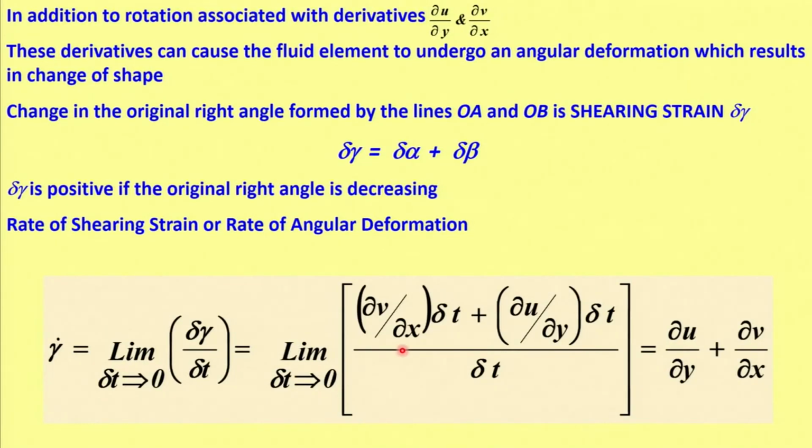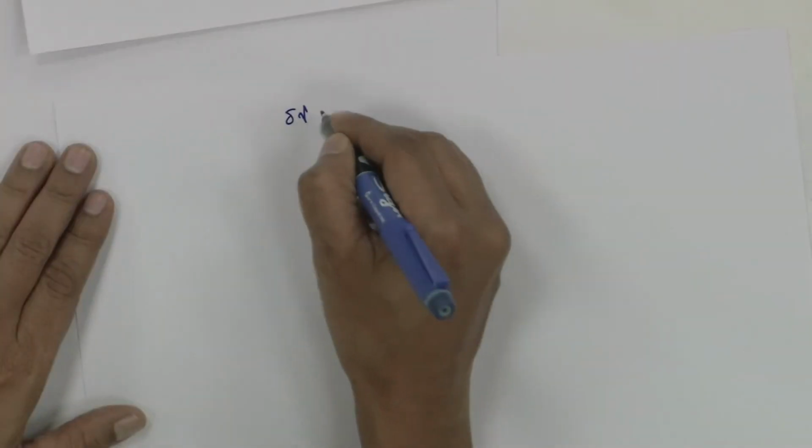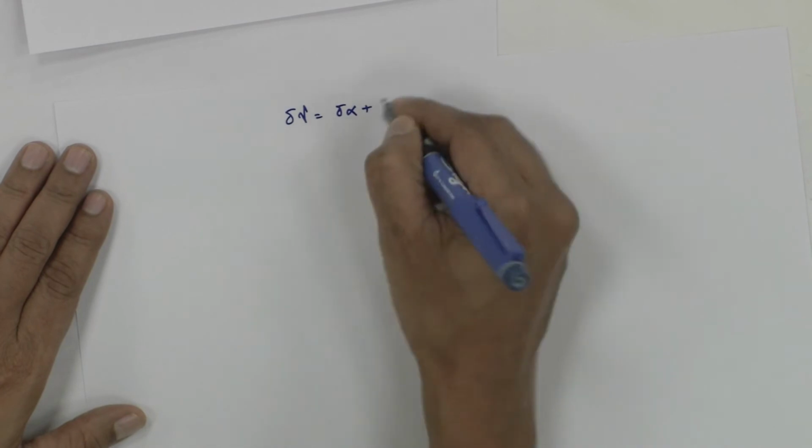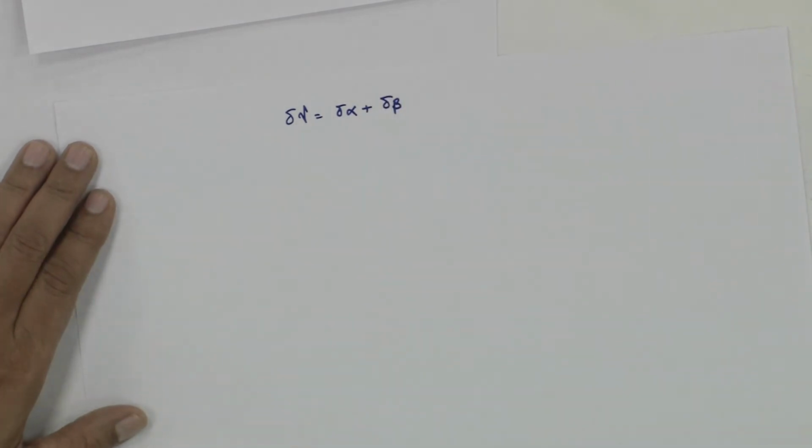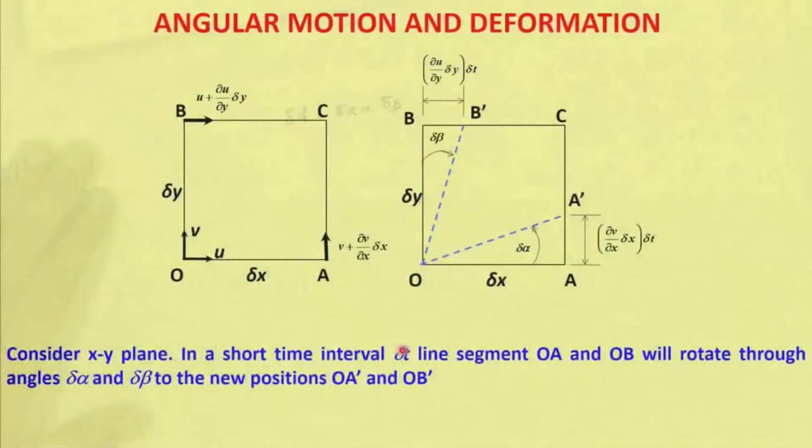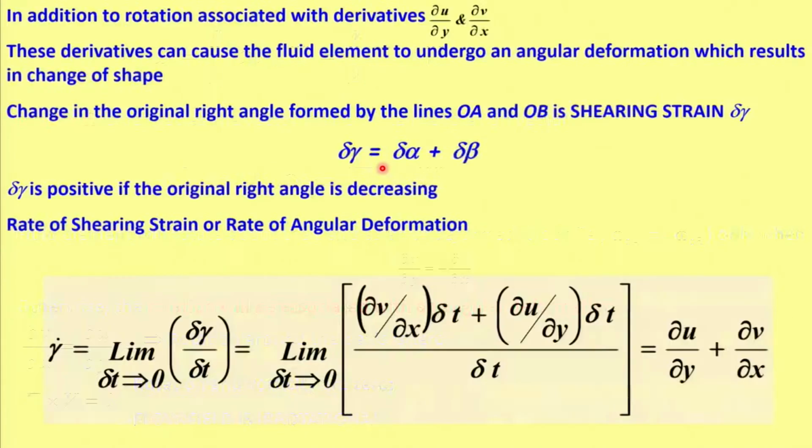Now angular deformation, Δγ, is equal to Δα plus Δβ. That is what we are trying to do here.